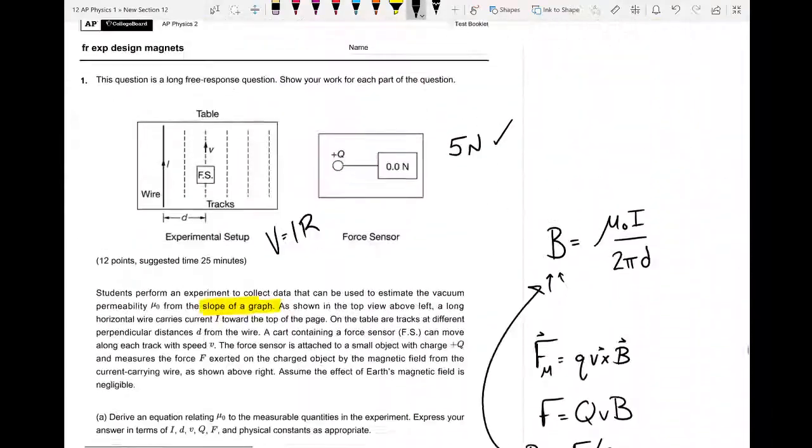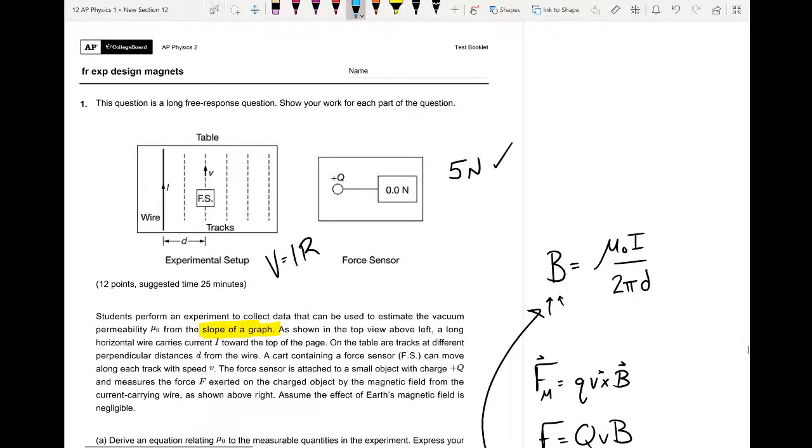If we have a uniform magnetic field, it would be the same at all of these locations of D, so we couldn't do that, because this would be uniform, meaning it's the same all over this table.